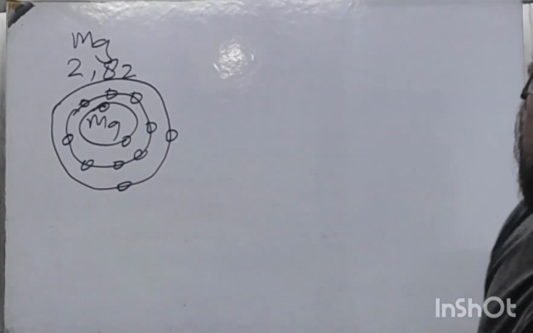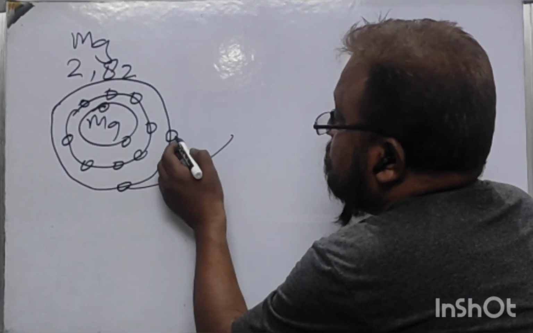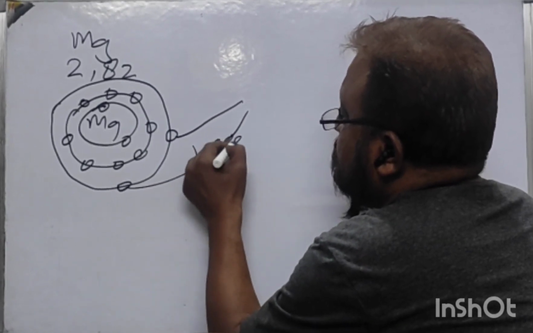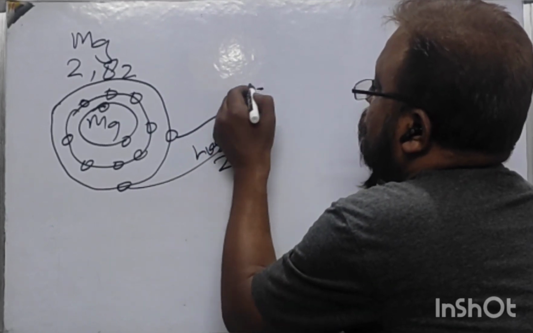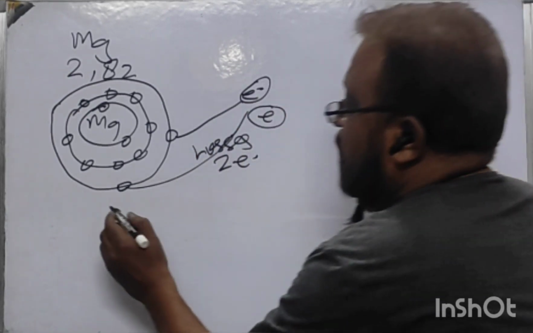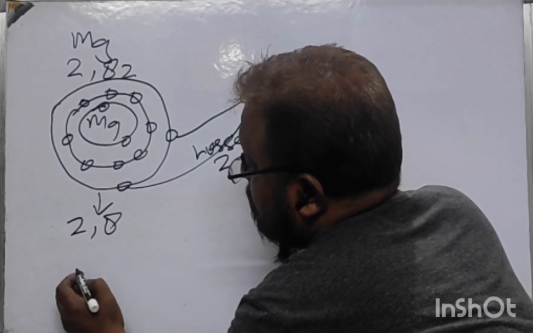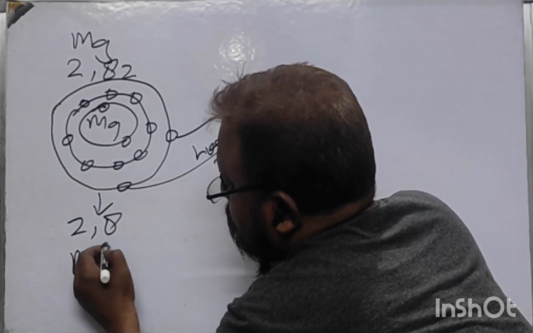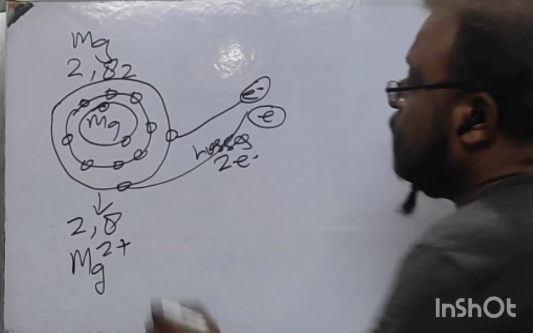So to attain the stable configuration, it loses these 2 electrons. This is electron one, this is electron two. And it gets electronic configuration of 2,8, and now it is Mg 2 plus. Now it is in a stable condition.